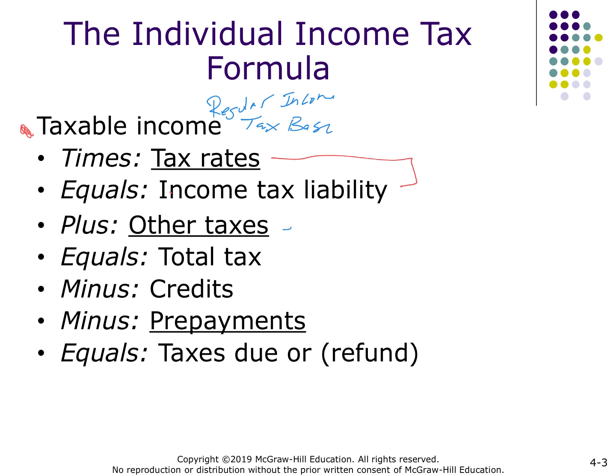With these other taxes, we're talking about employment and Medicare taxes. There's also an additional investment tax potentially, okay? That's going to give you your total tax, all right? Then you're going to subtract out credits. Then you're going to subtract out prepayments, okay? And that's going to get you to the amount of taxes due or the amount of your refund.